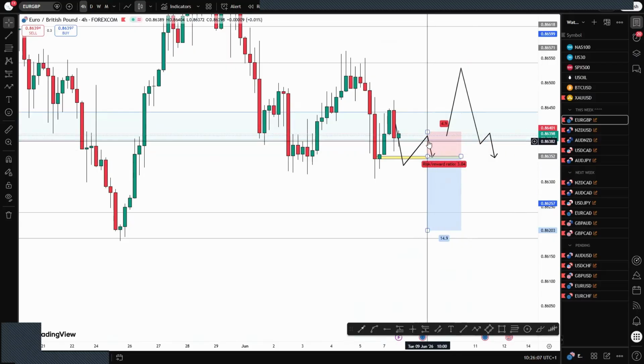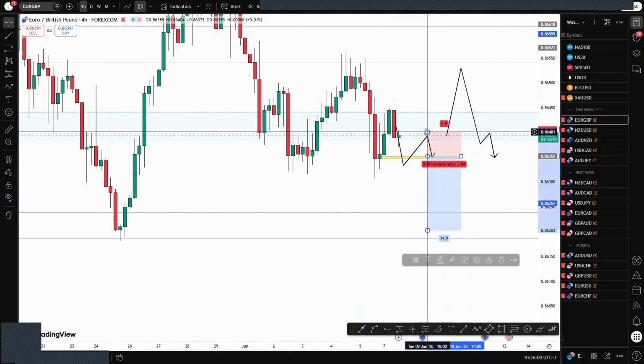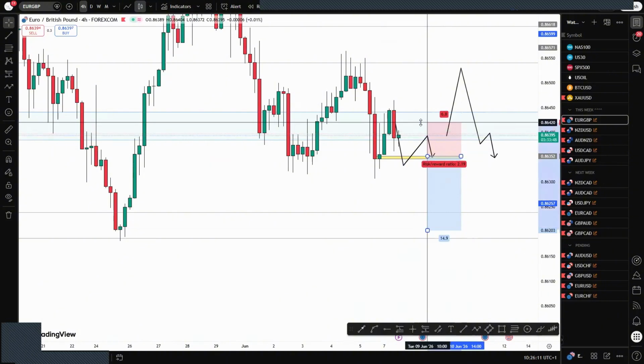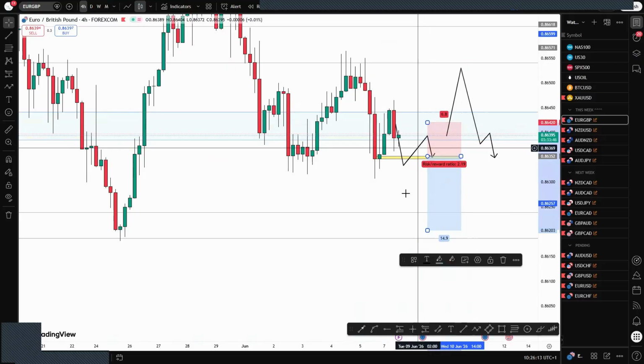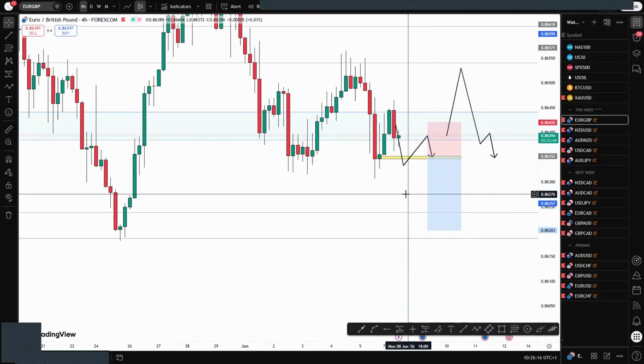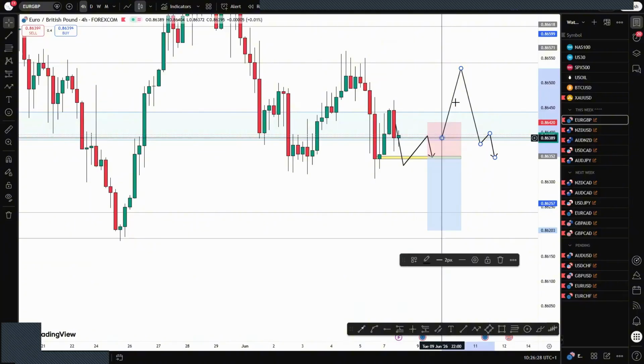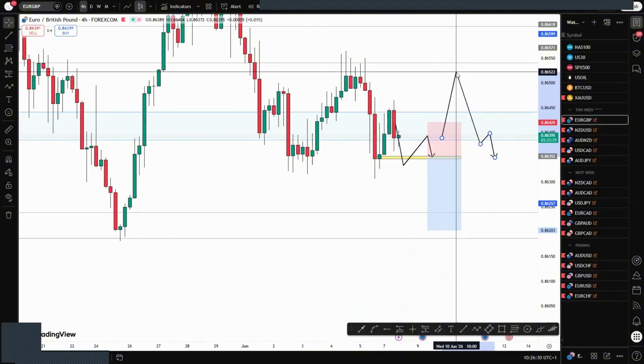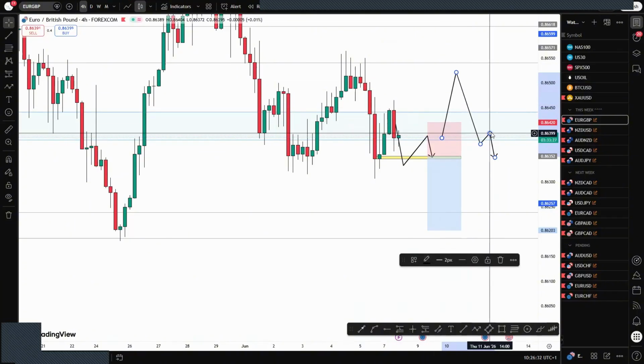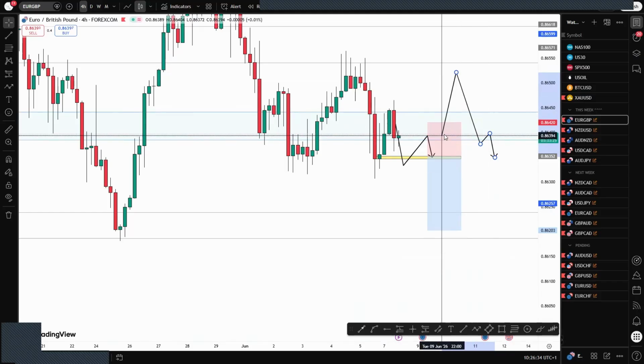Let's say if the engulfing starts from this level here, I can't really take the trade, even if it might reach my take profit. So I'm expecting price to make a higher high and a shift so we can sell.